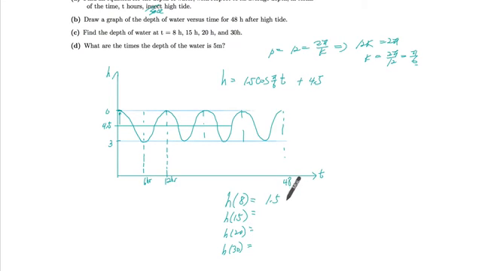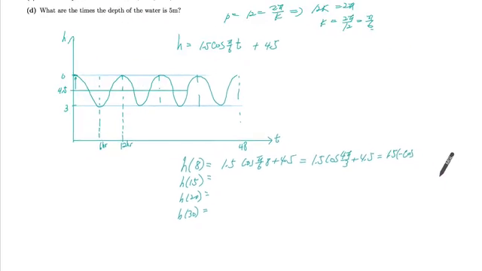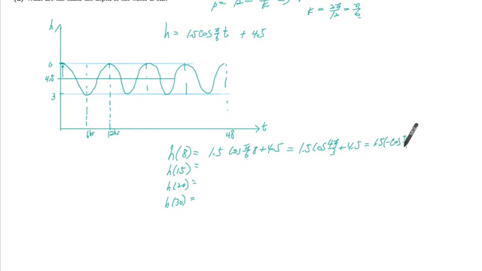So we get 1.5 cosine of pi over 6 times 8, plus 4.5. 1.5 cosine of, that's 4 pi over 3, plus 4.5. This is in the third quadrant, so it's the same as negative cosine of pi over 3.